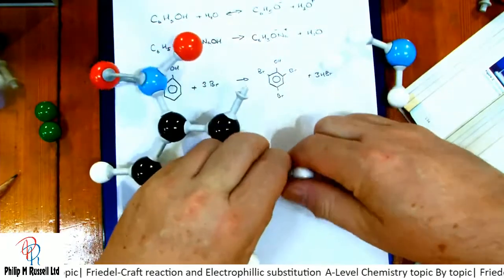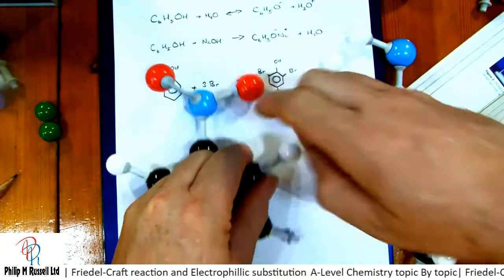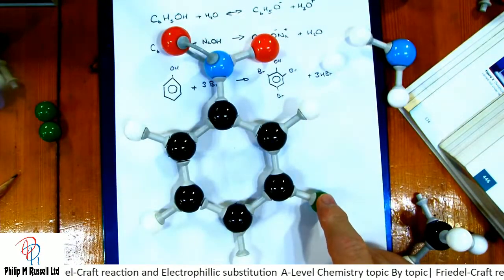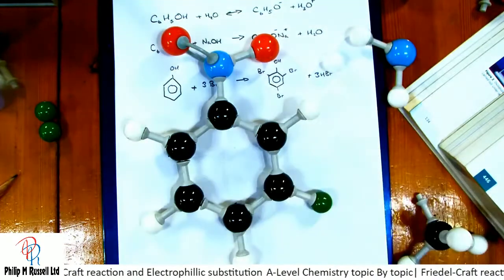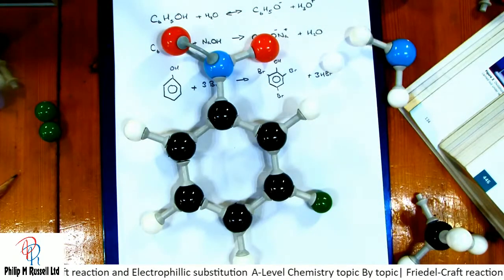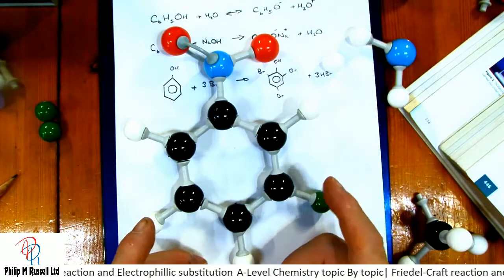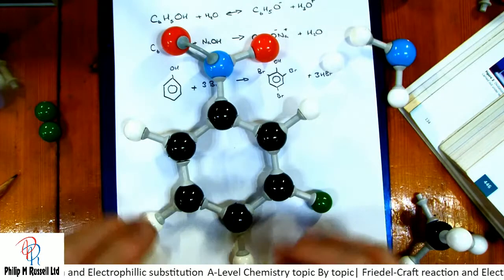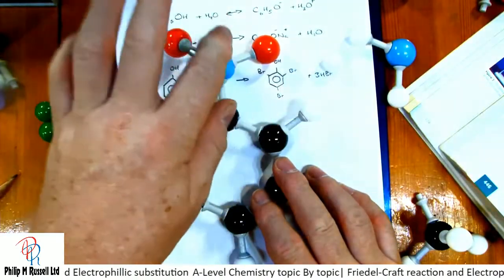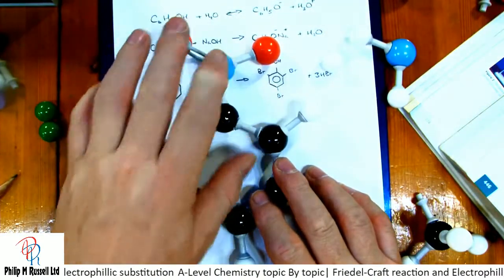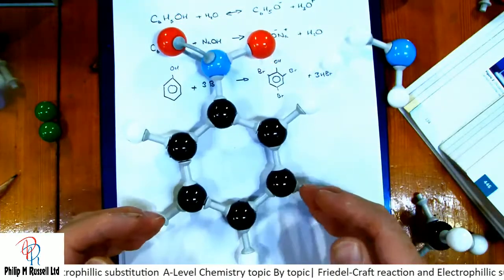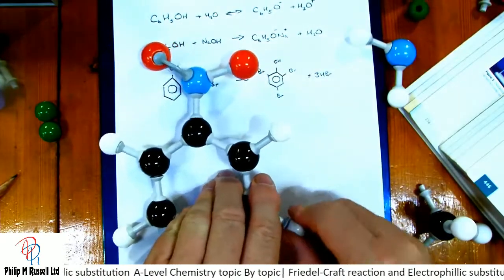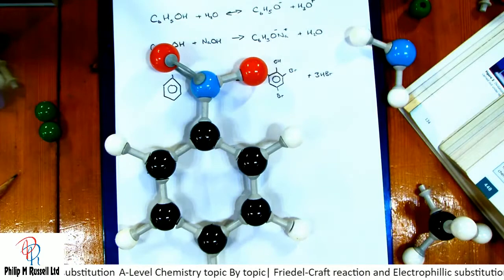Remember, if we actually had that there and we were substituting the bromine on, it would go to this group by preference, and this would be meta bromo nitrobenzene. So the 2,4 directing groups, the ortho and para directors, are basically things like phenol and the amine, and the nitro group tends to be meta or 3 directing. Telling you the same thing but in slightly different ways.